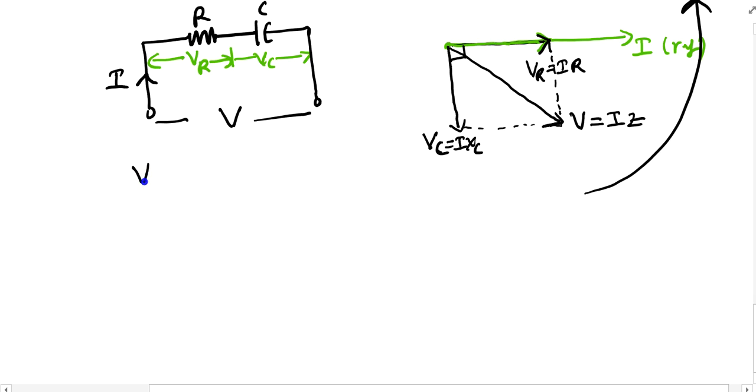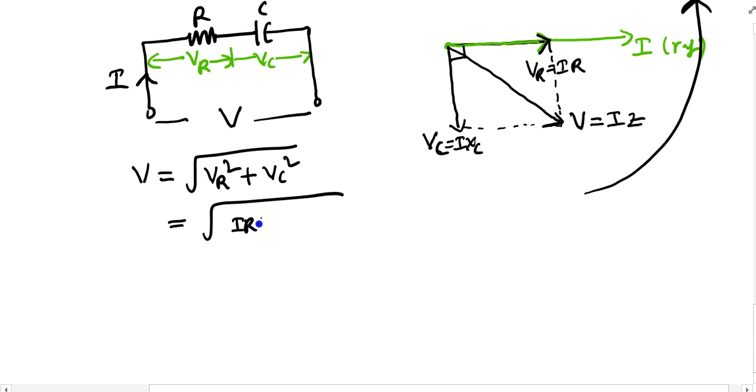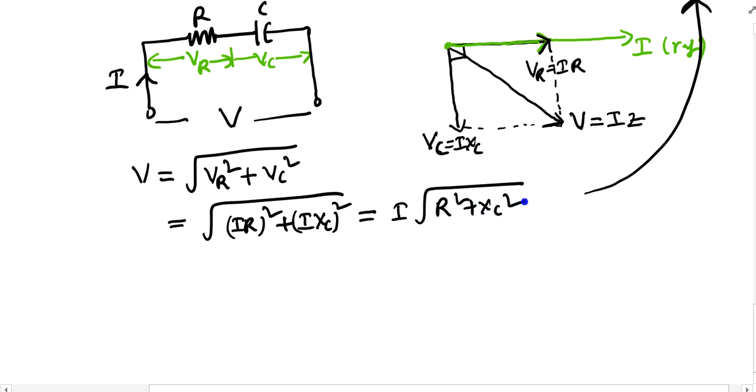If we want to find V, it is simply the square root of Vr square plus Vc square, because these are vectors. So V equals the square root of IR square plus IXc square, which is I into the square root of R square plus Xc square.